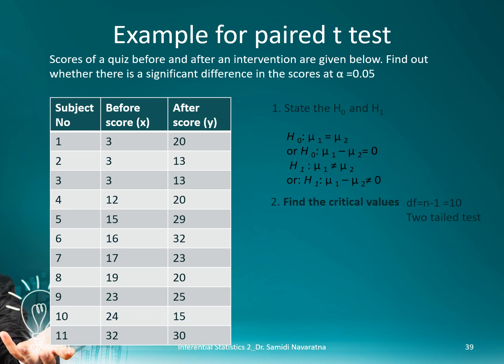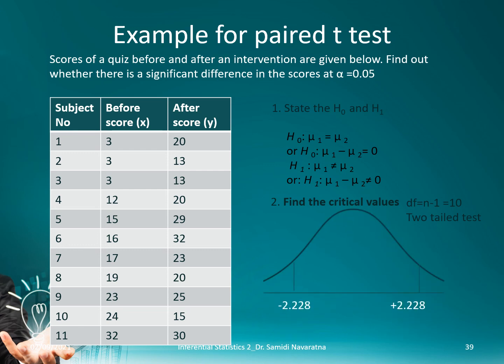The sample size is 11 here, so the degrees of freedom is 10. As stated in the question, we are looking at the difference in the scores, so it's not the right side or left side. So we will use a two-tail test.